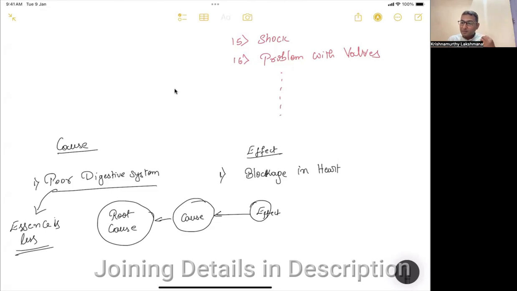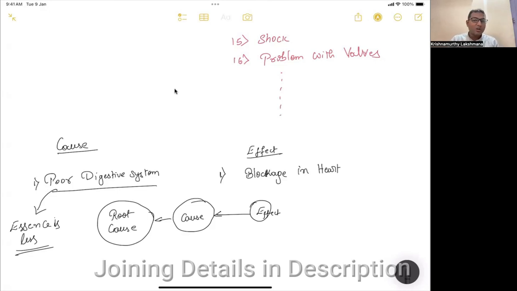Kidney essence. Right? You see the flow? I am not getting stuck in the effect. I am traversing towards the cause and moving towards the root cause. Okay. Making sense?